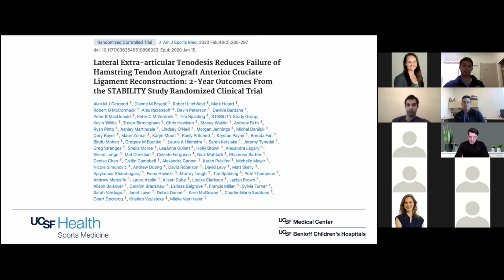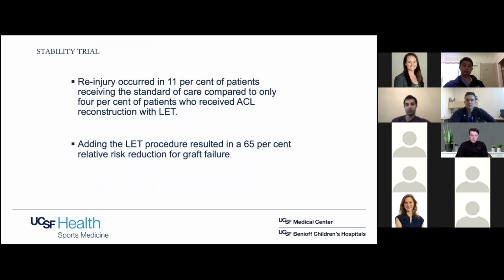So I think those are all concepts developing that we're going to see lots and lots more of. So this study, for example, showed 4 versus 11% if you got your LET, basically a 65% relative risk reduction. So I think this is an important concept and probably something we're going to see a lot more of.